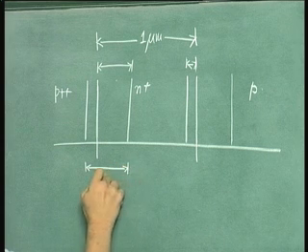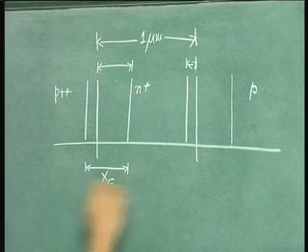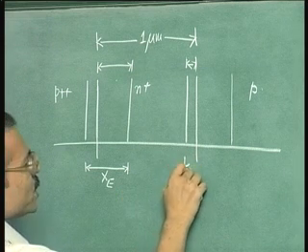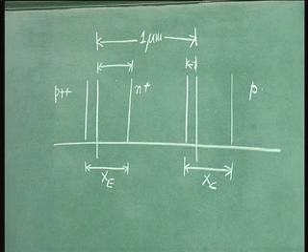This depletion region XE, that is the depletion region across the emitter junction, and this depletion region is XC across the collector junction.